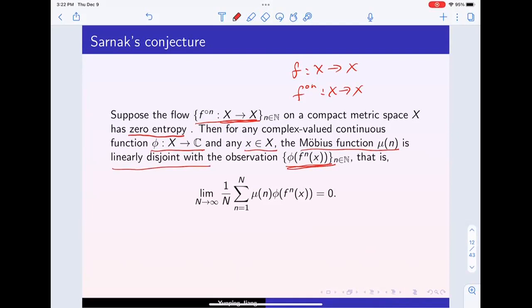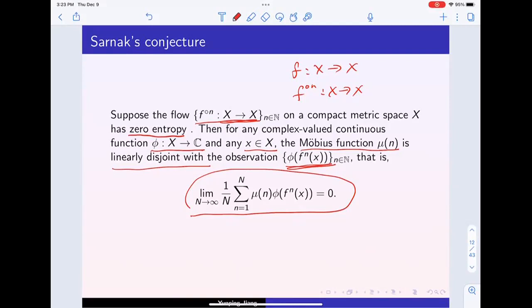I'm going to talk about observation later. That means this limit equals 0 for every point and every continuous function: you take the orbit, put on the continuous function, and you have this. That is basically the conjecture, though I'm writing a very general version.